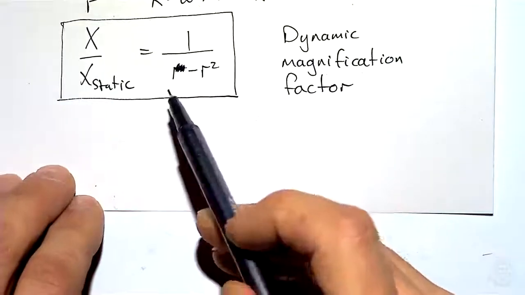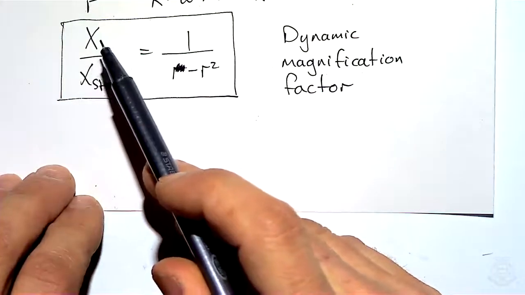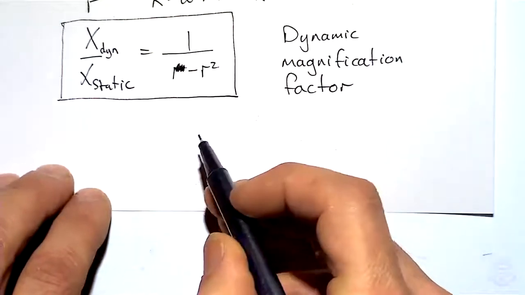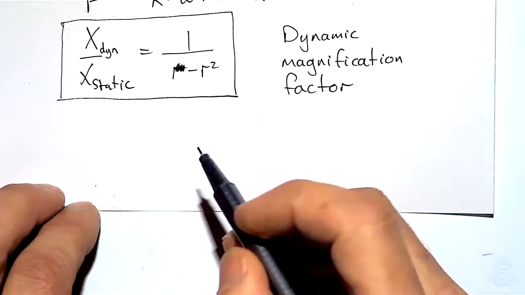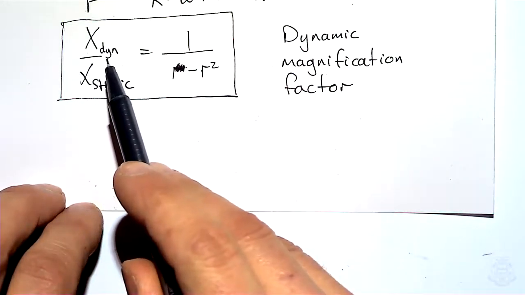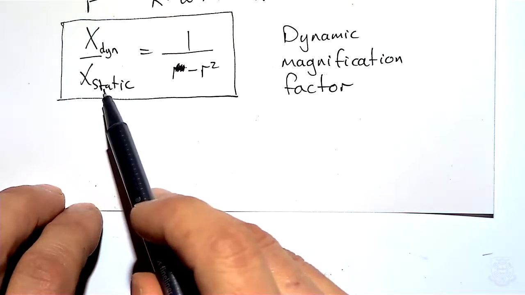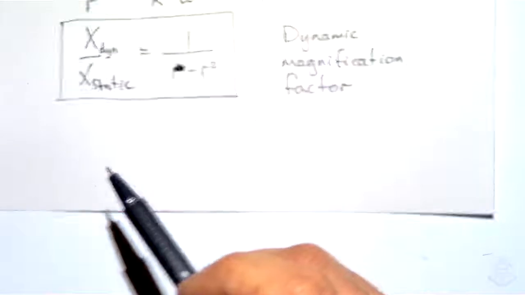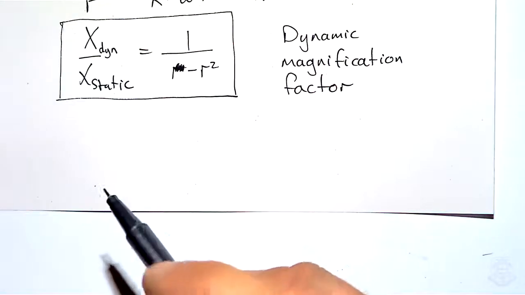Sometimes this top term x is called x dynamic, with a subscript dynamic or dyn. So what it's saying is this is the ratio of the dynamic response to the static response. In a minute when we draw some graphs, you'll see why that's a logical choice.